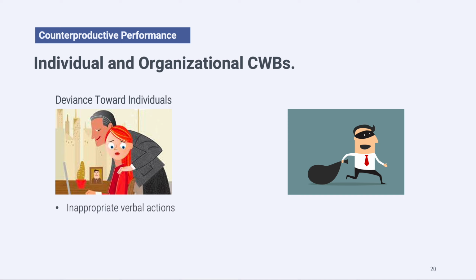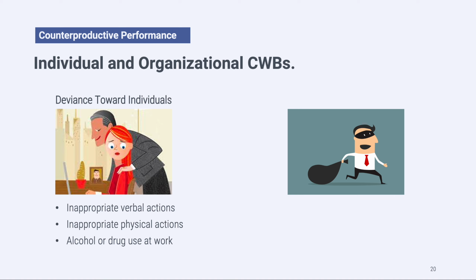So things like inappropriate verbal actions, saying things that are unkind, using slurs, maybe telling sexist jokes, things like that. They can also involve inappropriate physical actions. So here you might think about sexual harassment, inappropriate touching, violence, or threatening somebody, punching them, etc. Those would all be certainly inappropriate physical actions.